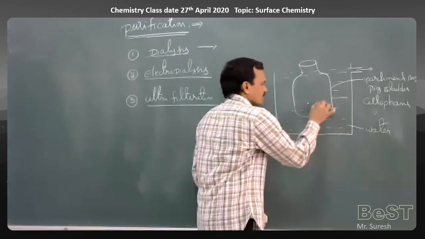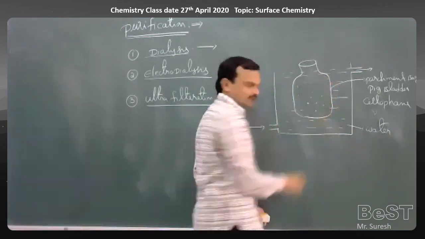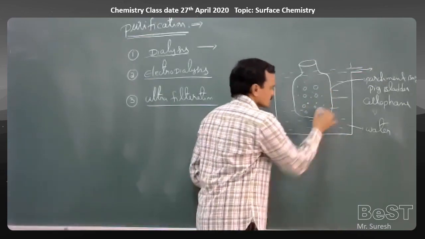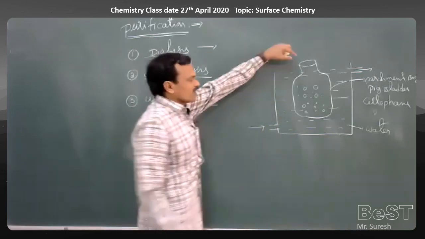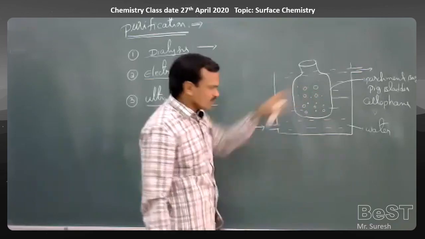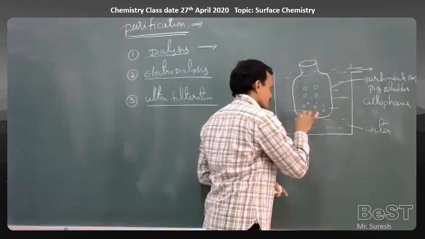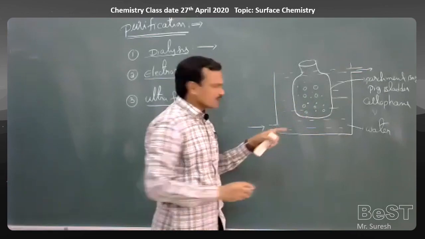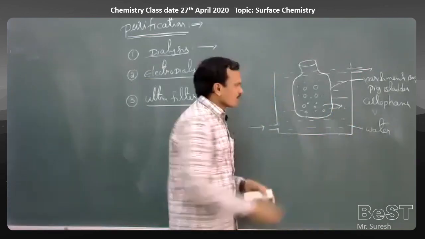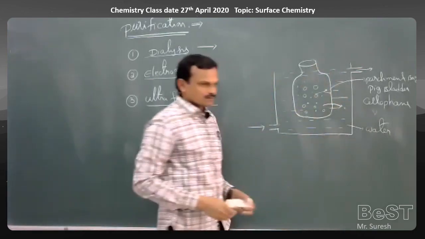Suppose, let us assume these are the electrolyte particles in the colloid, and these are colloidal particles. Now, when this parchment bag containing the colloidal solution is placed in water, this parchment membrane has pores, and through the pores of this membrane, only the electrolyte particles will come outside. Whereas the colloidal particles, even if they come near the parchment membrane, will not come outside.